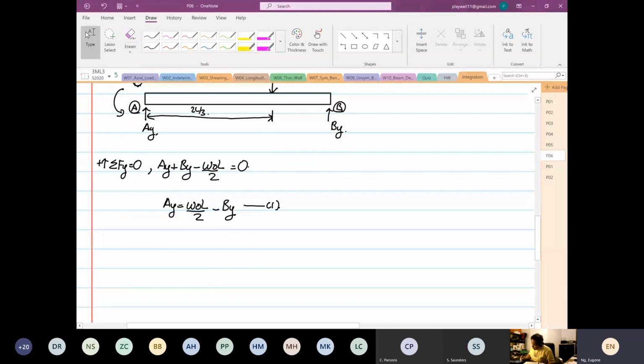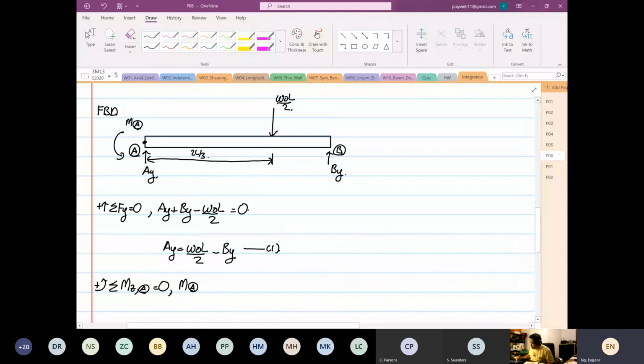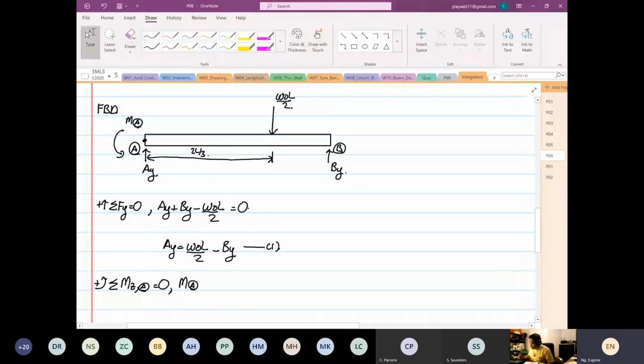Then we take moment at point A, down here. The moment at A we assume to be in the positive direction, so moment at point A is positive. Then the omega naught L over 2, the equivalent load, is going in the clockwise direction, so this is minus omega naught L over 2 multiplied by 2L over 3.